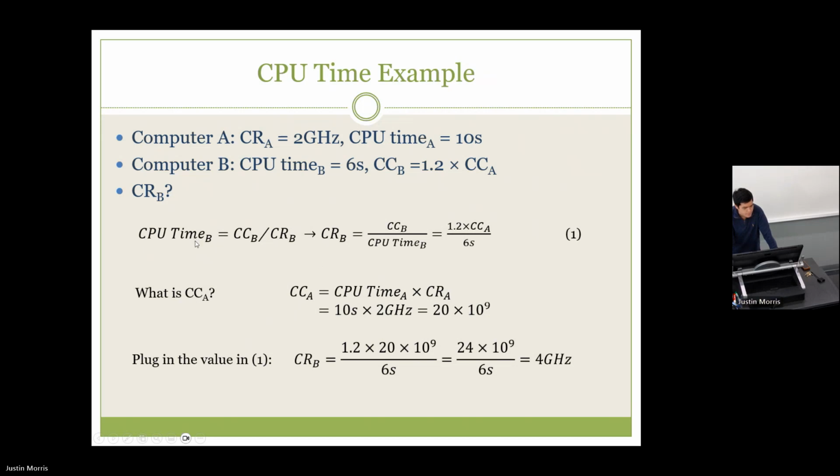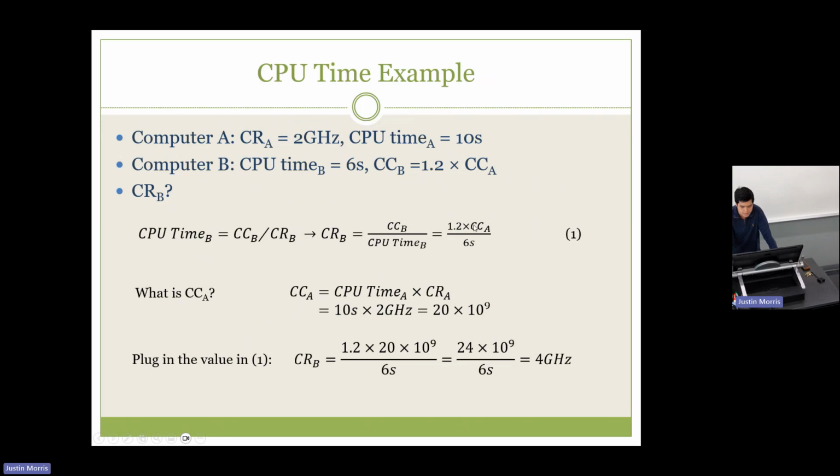And then here we have the same performance equation, but for B, and we're just rearranging it because we want to solve for the clock rate. Then we need to figure out the clock cycles for B. We know that it's related to the clock cycles of A by 1.2 times. We just solved for the clock cycles of A, okay?